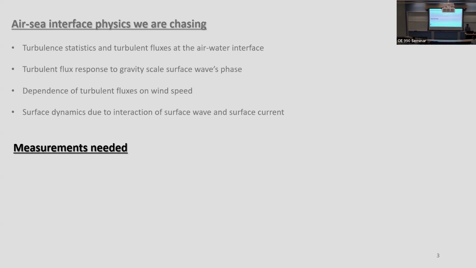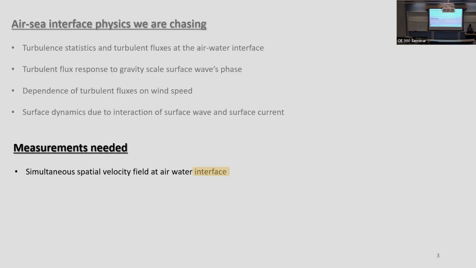What kind of measurements do we need for this? To start with, we need a simultaneous spatial velocity field at the air-water interface. This is the basic measurement that we need to study the physics that we want to look at at the surface.